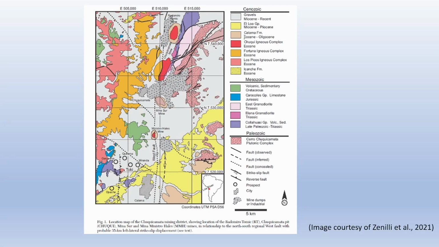These exotic deposits like Minasur are very rare, because they need very strict conditions under which to form. Here we have a dry, oxidizing climate, which is quite unique in the Atacama desert.